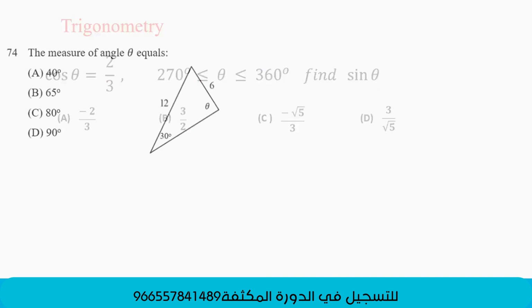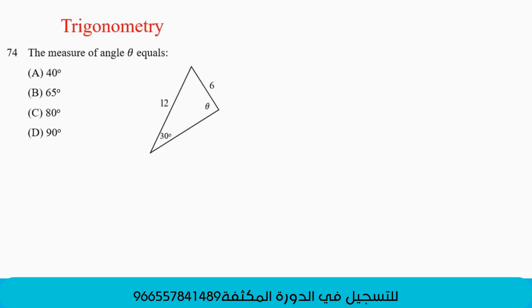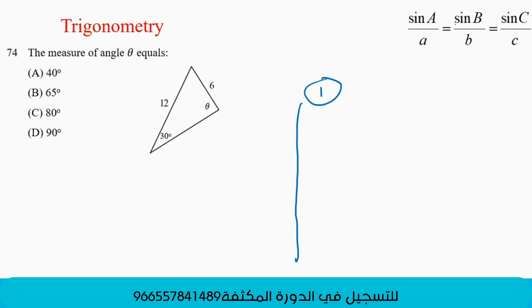I think let's just do this problem, then stop and take a break, okay? To do this one, we have a rule, which is sine A over A is equal to sine B over B. I'll do this problem in 2 different ways. One way, I'm going to use the formula.